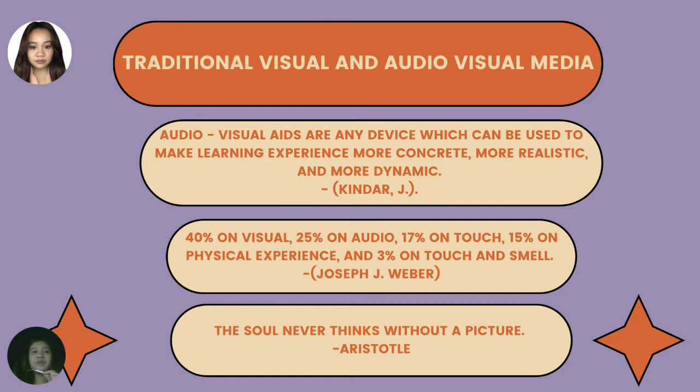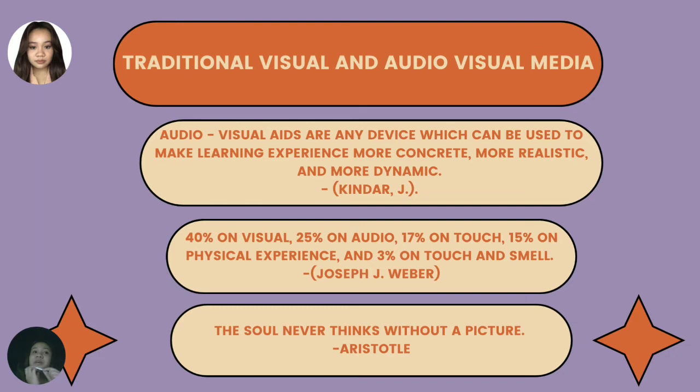So, from the word traditional, when we say traditional, it is an old way, right? So, these are the aids, the visual audio aids, the media that we used way back then in presenting discussions or reports.